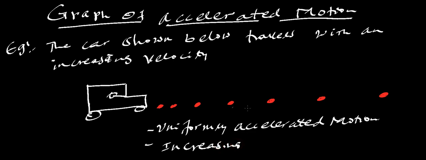However, the distance between each dot is not equal, but the increase in velocity is constant. That means under uniformly accelerated motion, the velocity should increase. Therefore, we say the acceleration is uniform. Now let's see another example.